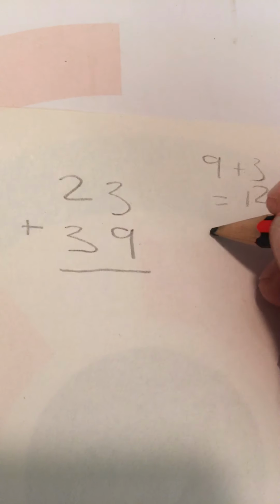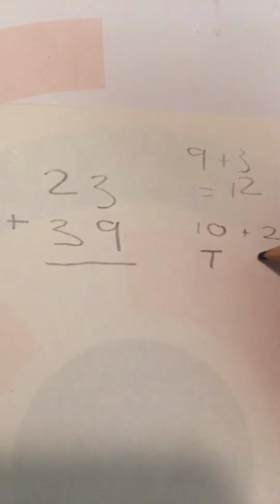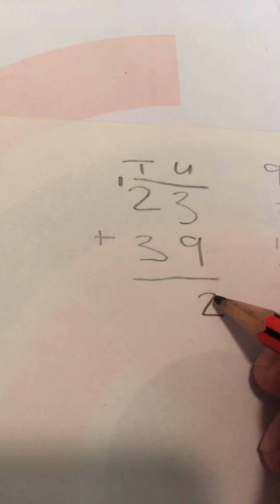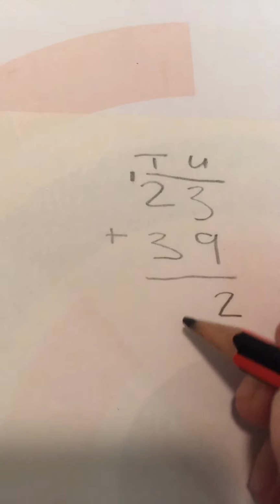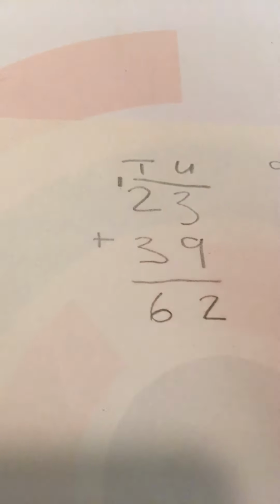But that means it's a 10 and a 2 if we're breaking up into tens and units. If I put my tens there and my units there, I can't put the whole number 12 there. I only put the unit part there, and the 10 gets carried over. But I don't throw it away. So 3 plus 2 is 5, and I must add that other 10 because it carried over to the next side. That is why the answer is 62.